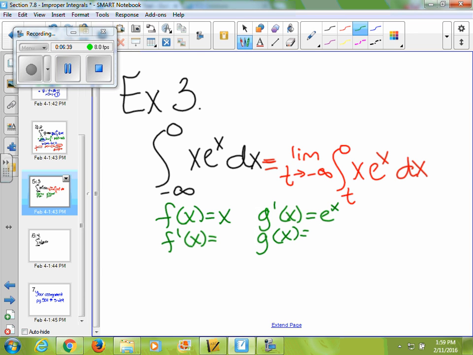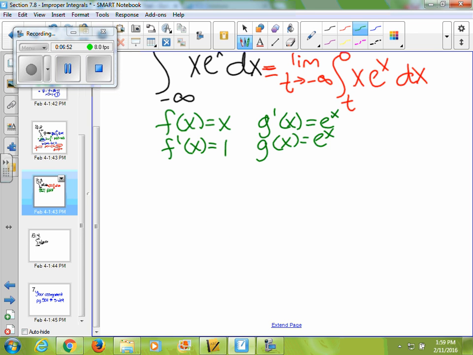Alright, so what is the derivative of x? 1. What is the integral of e to the x? E to the x.